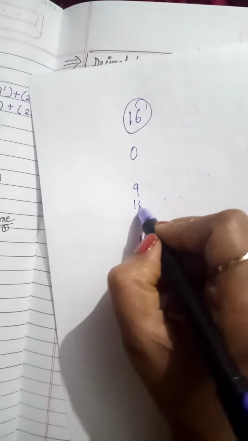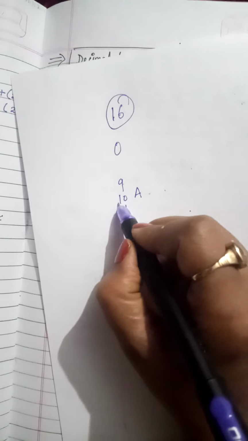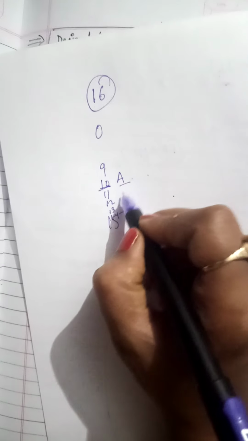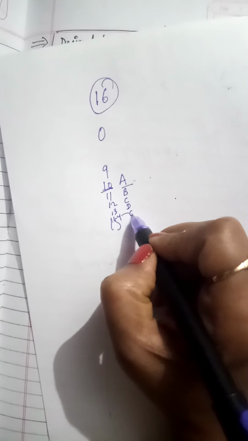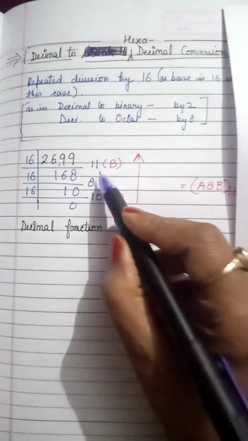Instead of writing 10, 11, 12, 13, 14, 15, we write A, B, C, D, E and F. So as in this case we are getting 11 and 10.